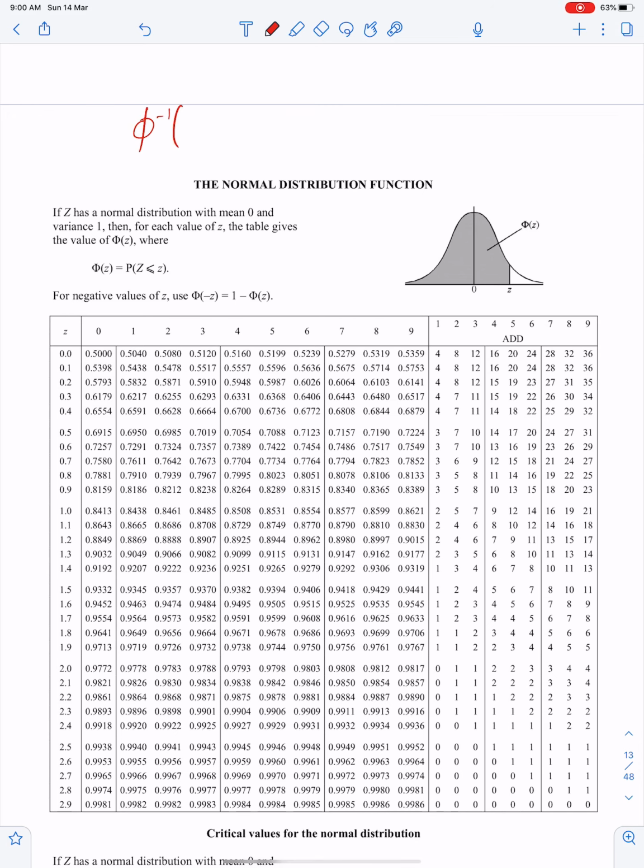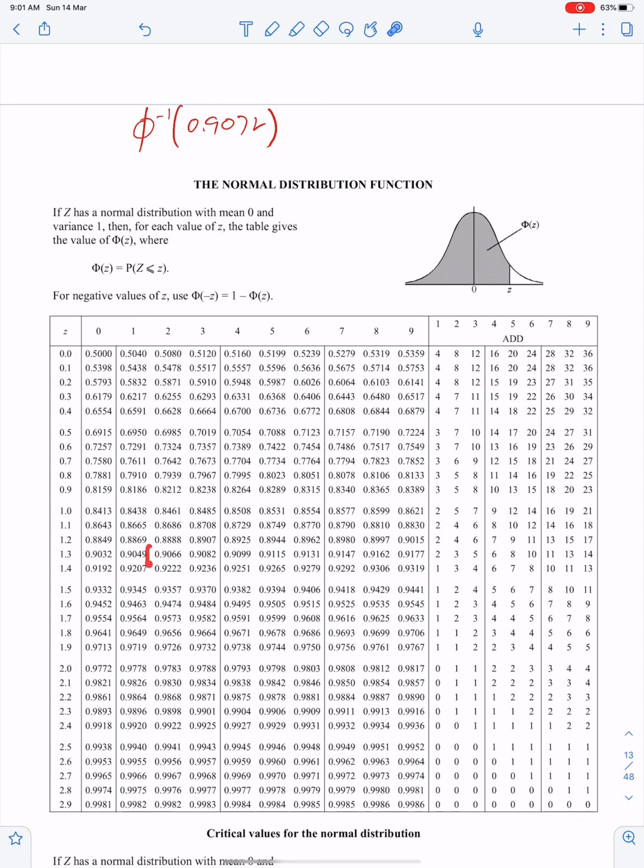Phi inverse 0.9072. You need to search either this number or a number which is less than this number but close to it. Less than and close to this number.